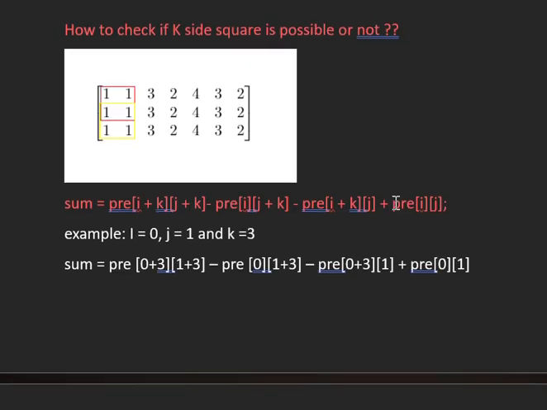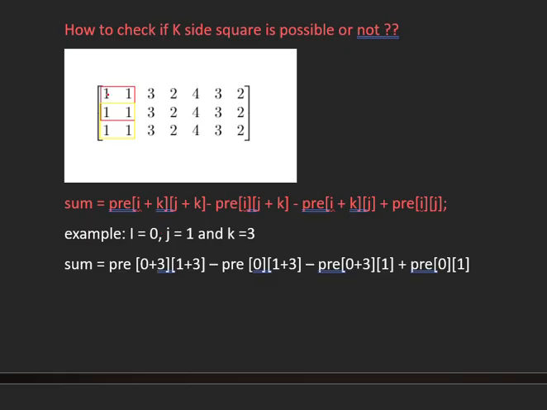Next, how will we check whether a k side square is possible or not? For that we have to find the sum of that k side square, right? And the next question is how we will find the sum of that k side square. For that we have this formula, and I'll explain how it works. Suppose we are given a point, i equal to 0 and j equal to 1.